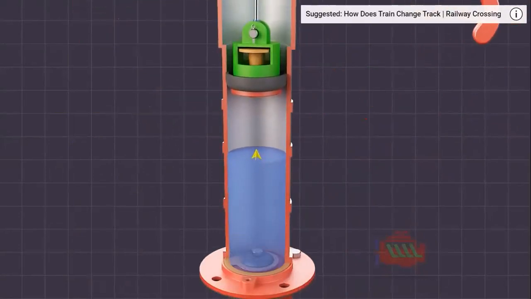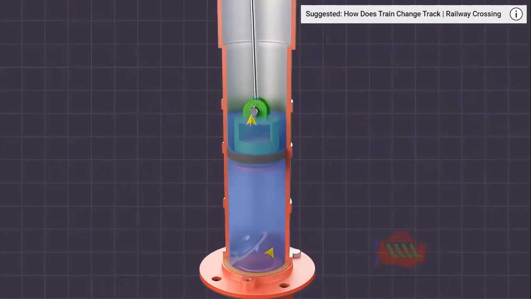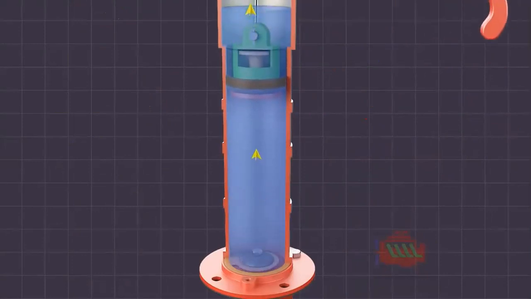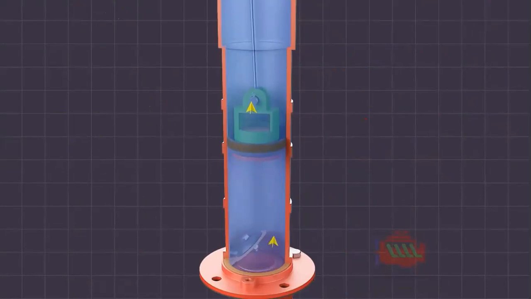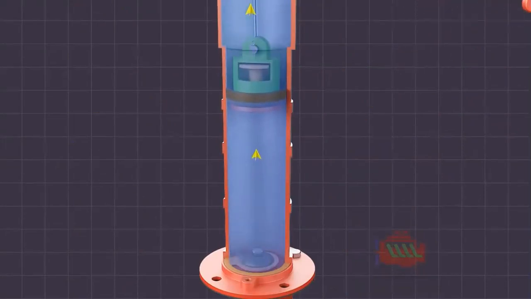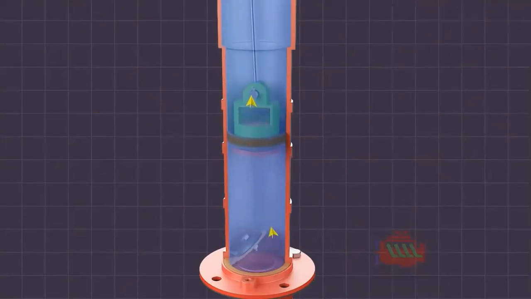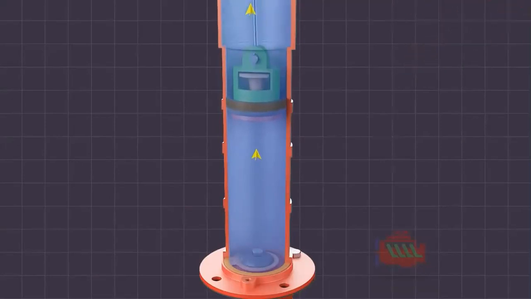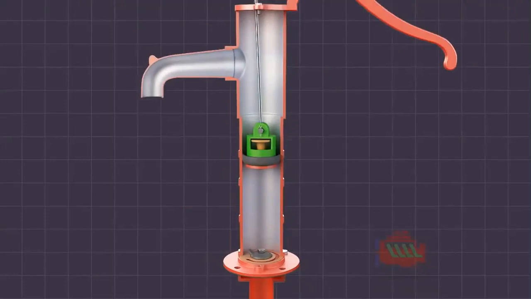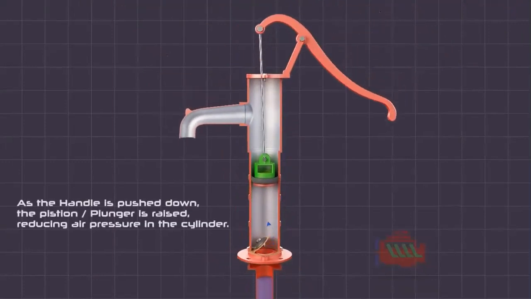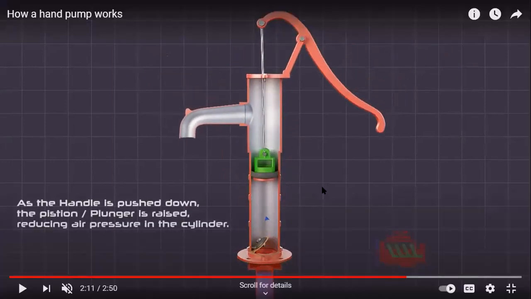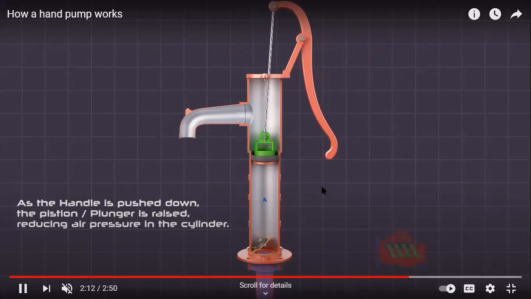So water is lifted from the sump. As the handle is pushed down, the piston is raised, reducing air pressure in the cylinder.